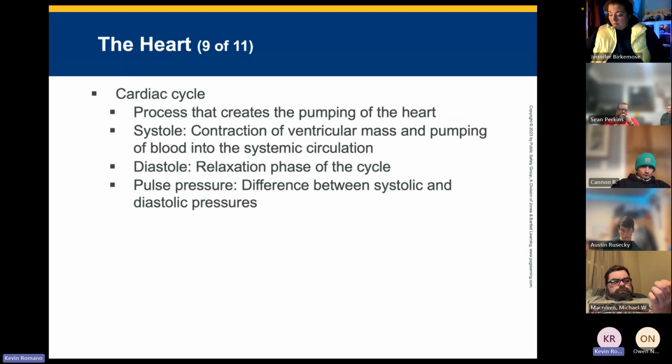So the cardiac cycle, the process in which it creates the pumping of the heart. So systole, right? Contraction of ventricle mass, pumping blood into the systemic circulation. Diastole, relaxation phase of the cycle. And pulse pressure is the difference between the systolic and diastolic pressures. My goodness, we just talked about narrowing pulse pressures. It all comes back, right?